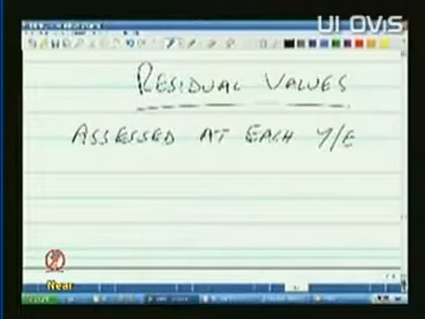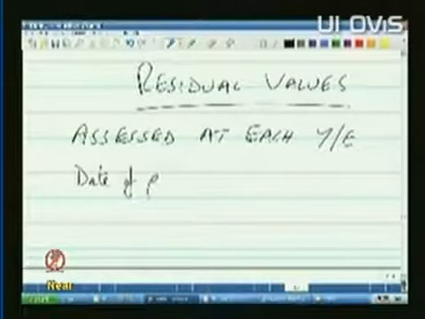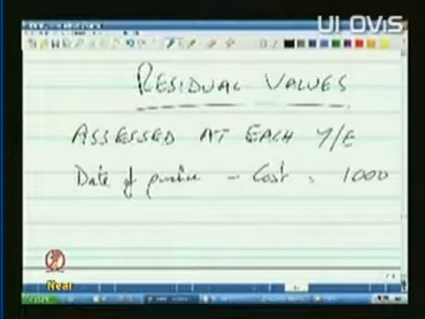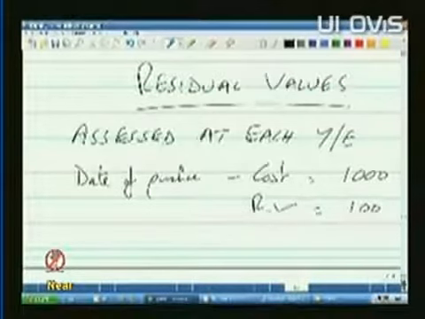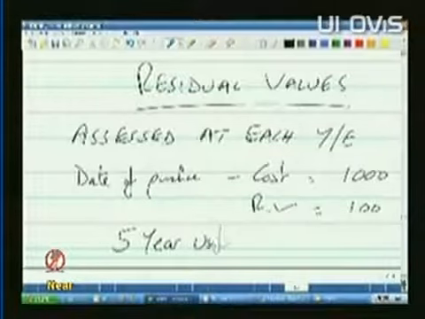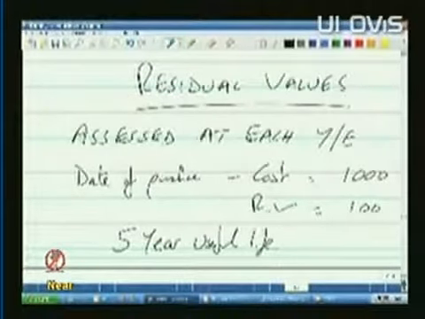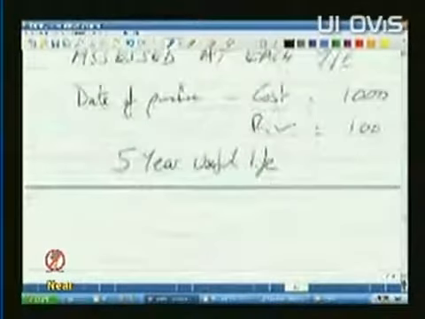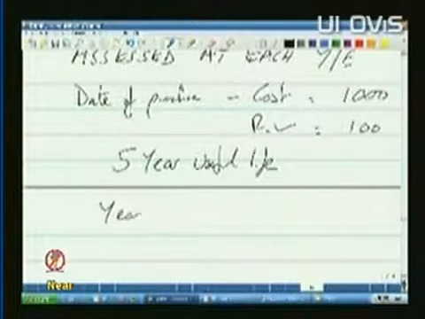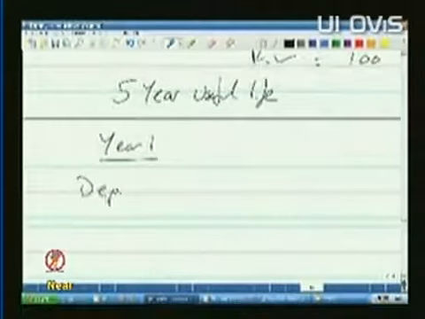So on the day I buy the asset, my cost is 1,000, my residual value is 100, and let's give this asset a 5-year useful life. So we've got cost of 1,000, RV of 100, and a 5-year useful life.